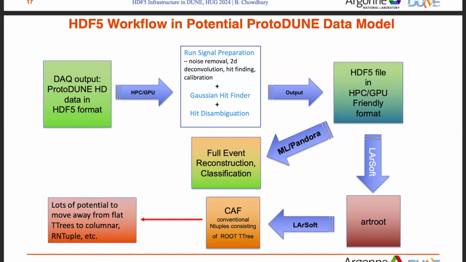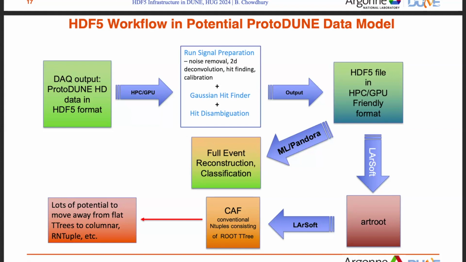And then again, the output of these processes would be an HDF5 file, but it is going to be a GPU-friendly format. Now, for this row, we are trying to make the optimized HDF5 format for GPU.